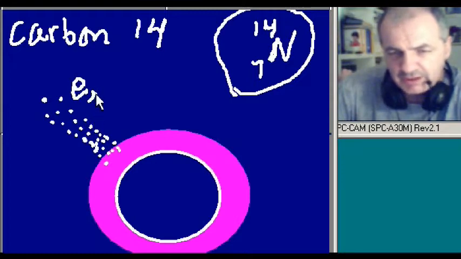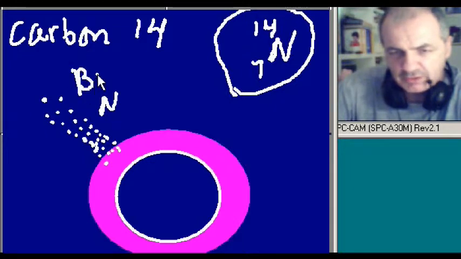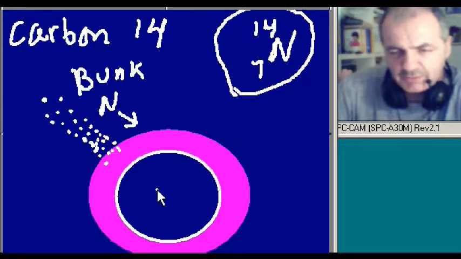And sometimes they bump into each other and they form neutrons. So now we get neutrons coming into the atmosphere really super duper fast.